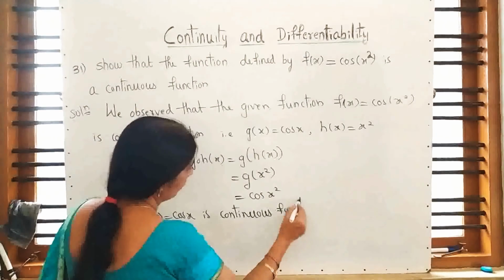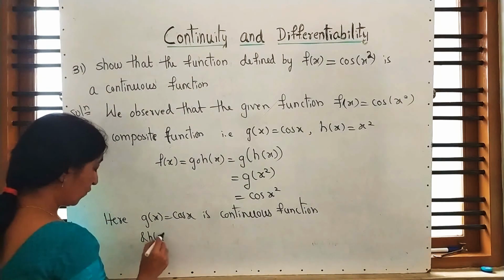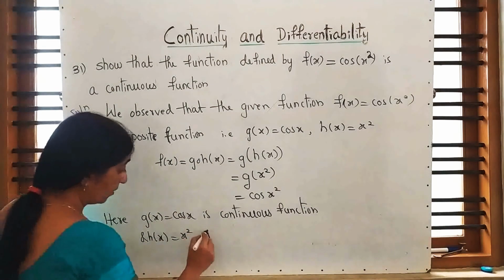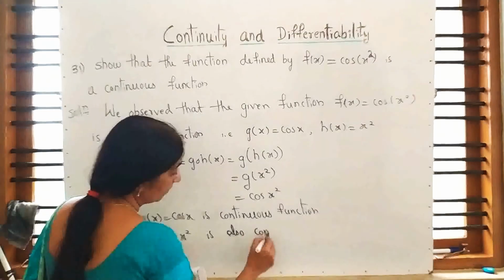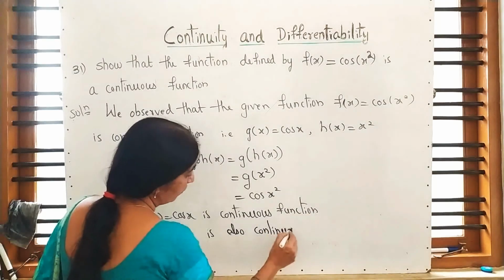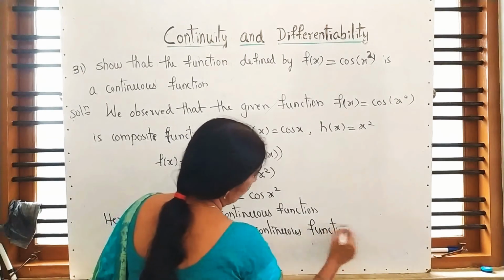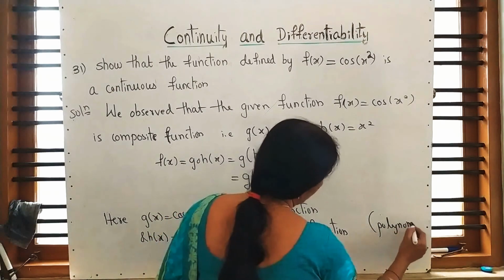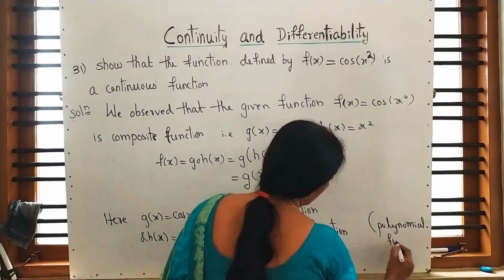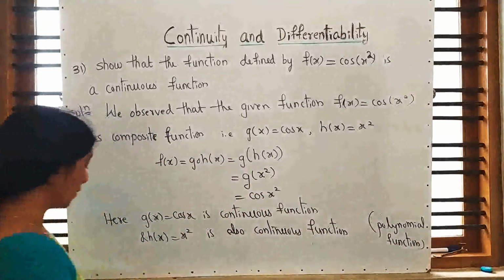Trigonometric terms are continuous functions. And h of x is x square, which is also continuous. Why? It is a polynomial function, and every polynomial function is continuous. And the given function is a composition.